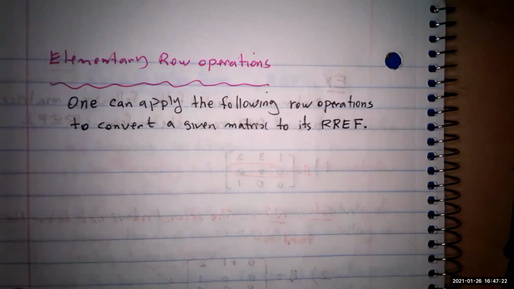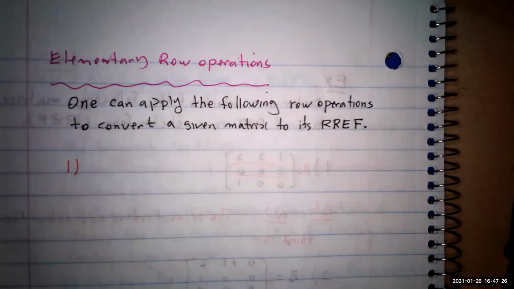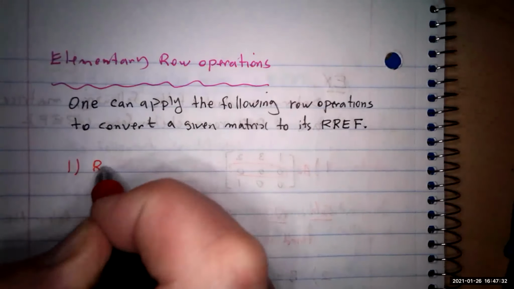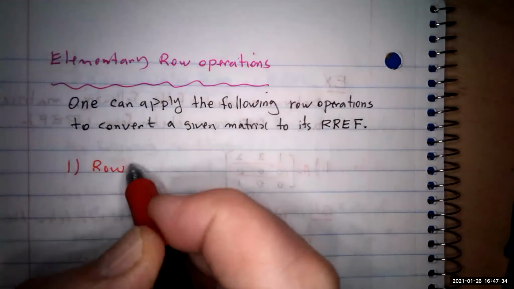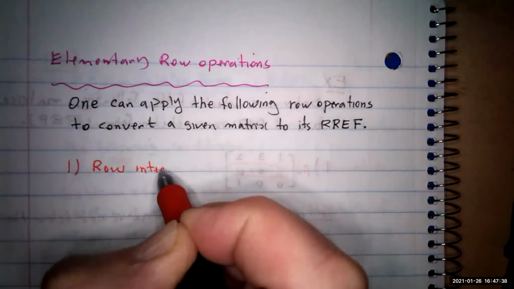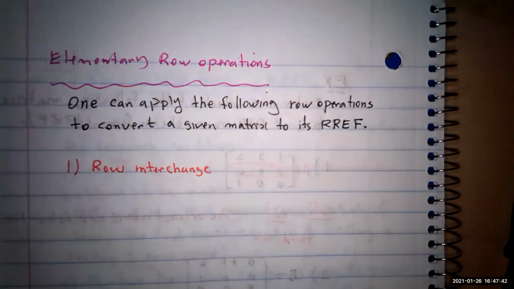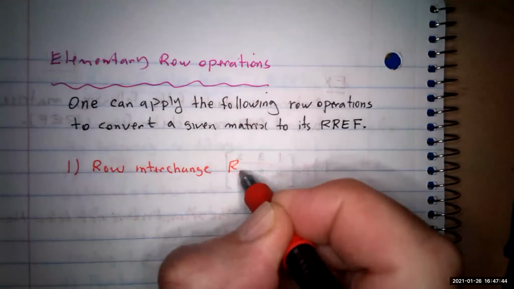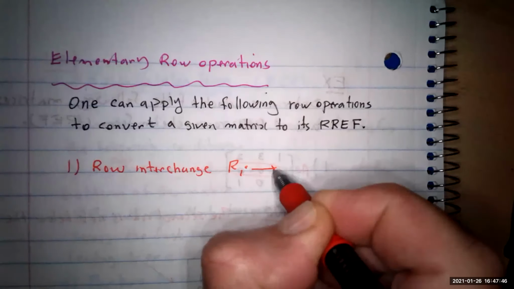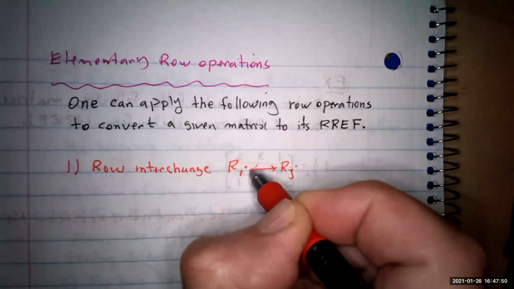The first operation you can use is that you can interchange any two rows. Everything would be fine, and sometimes we need it. This is row interchange, or switching the rows. For example, this is the notation we're going to use: row i is switched with row j, or the other way around.